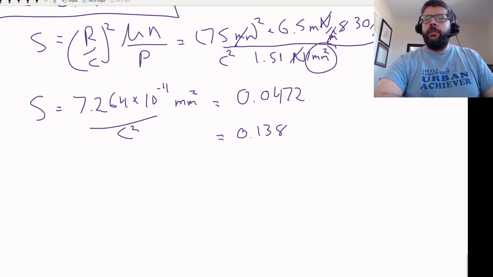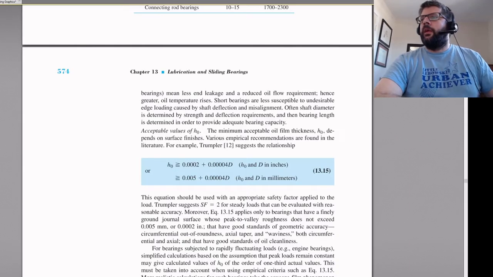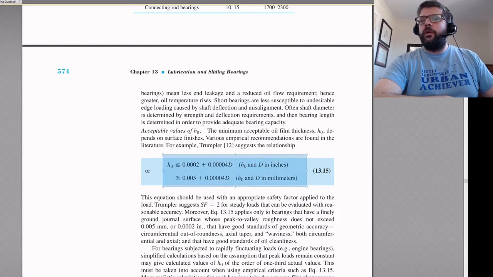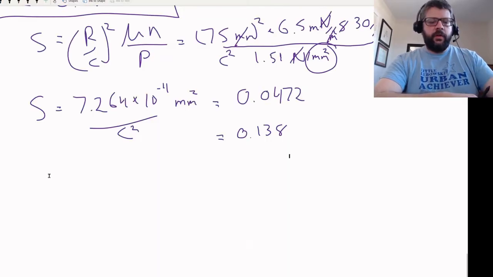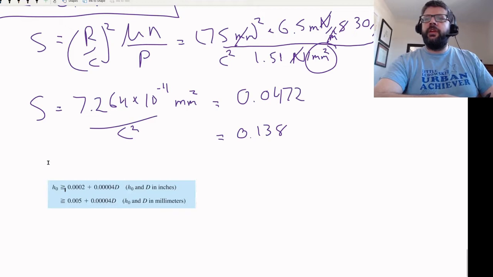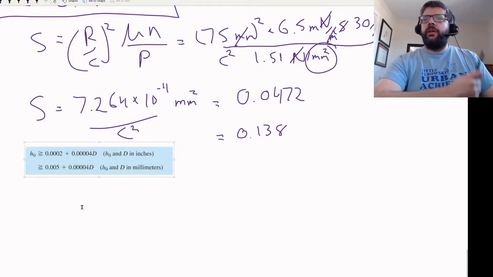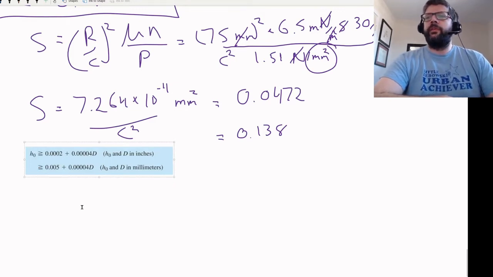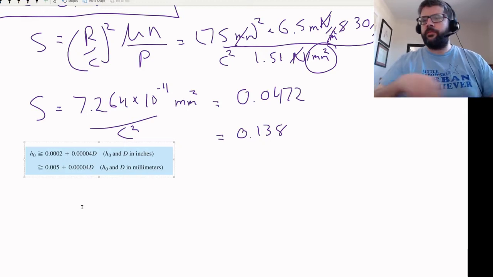So flipping back here, the suggested relationship that we should be using, working in metric here, is that we want to be using an H naught that is larger than 0.005 plus 0.00004 times the diameter.